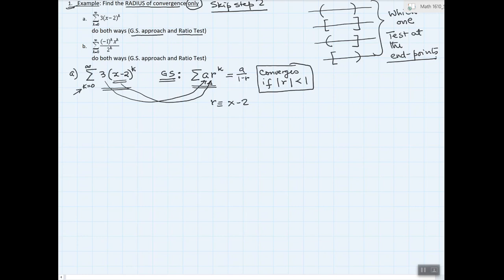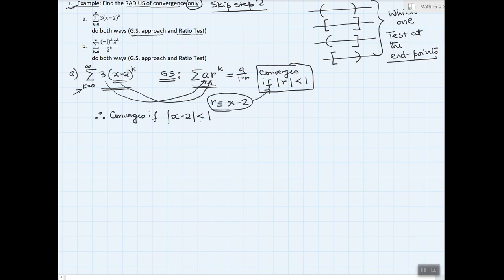And we know the convergence takes place when the absolute value of r is less than 1. Therefore, this power series converges if absolute value of x minus 2 is less than 1, because x minus 2 is same as this r here.